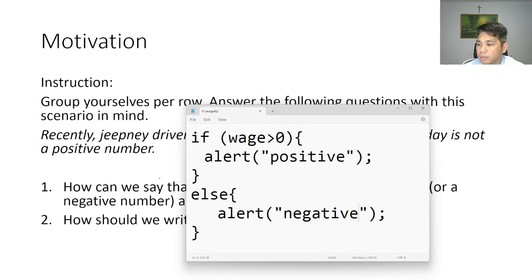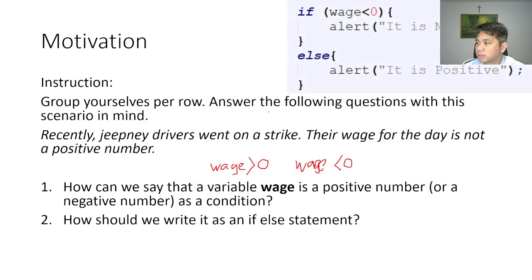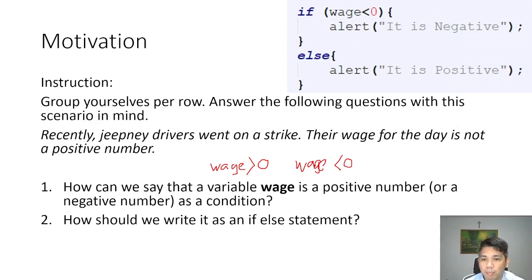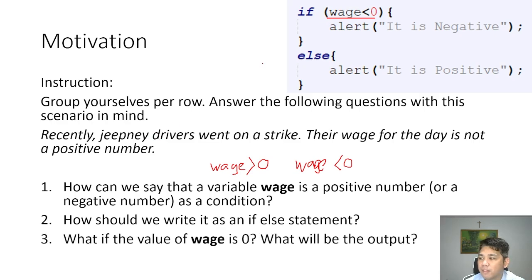However, there is one problem to that. I have written an example over here, although my example has a different condition. Now, my problem is, what if the value of the variable wage is actually 0?